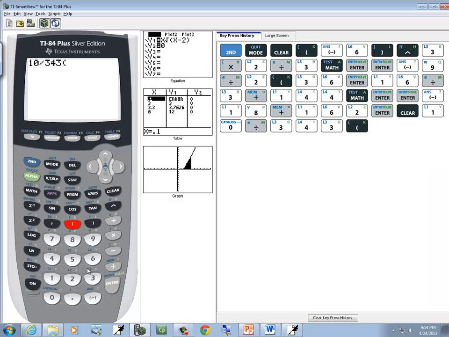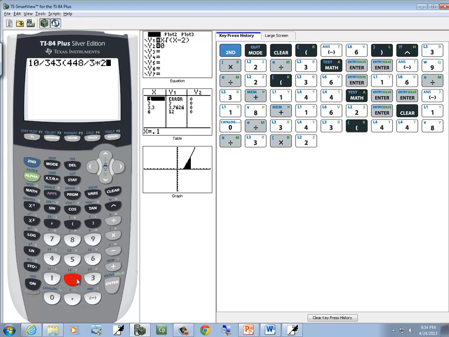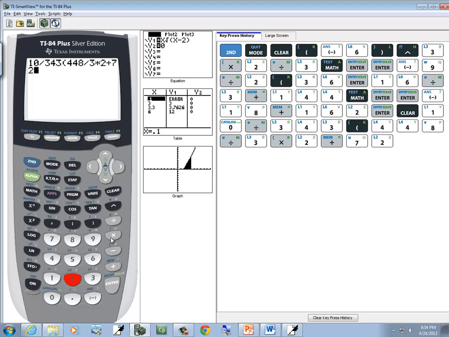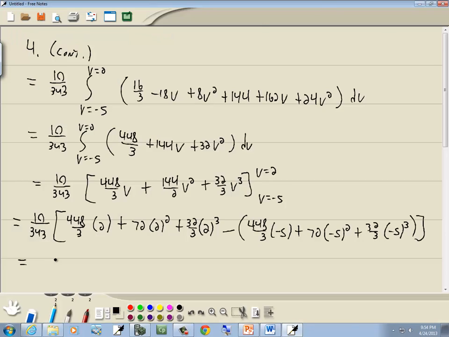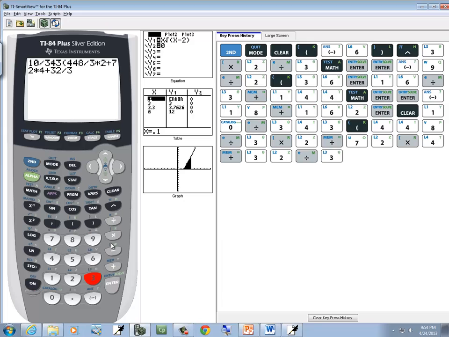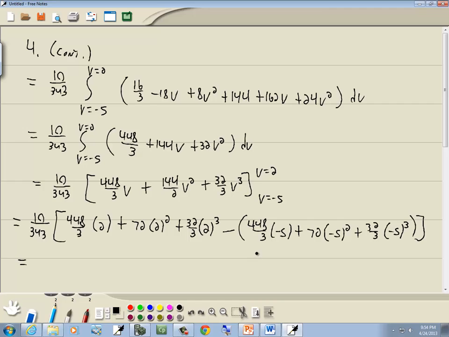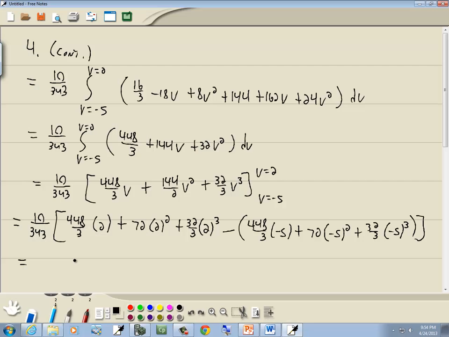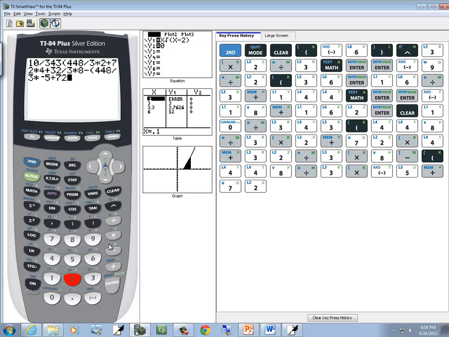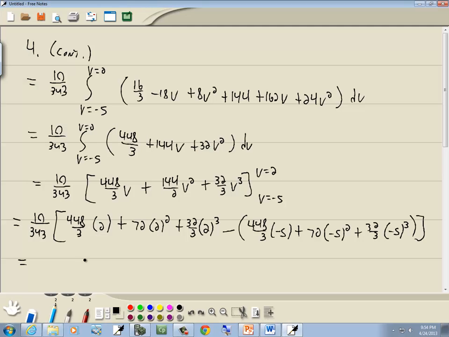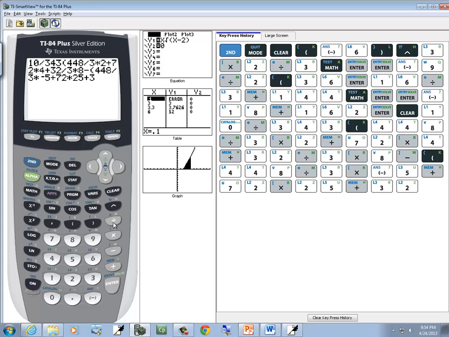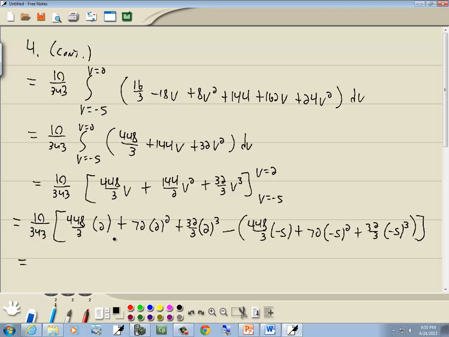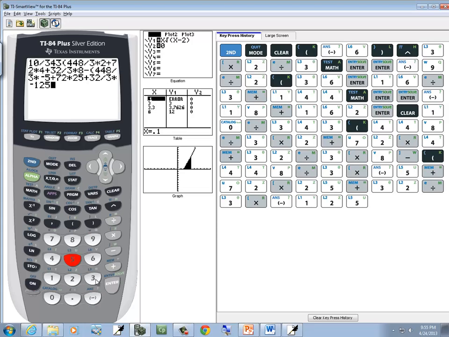Beginning parentheses, 448 divided by 3 times 2 plus 72 times 2 squared, which is 4, plus 32 divided by 3 times 2 to the third, which is 8, then minus, and we have to put parentheses around all this, so then we've got 448 divided by 3 times negative 5 plus 72 times negative 5 squared, which is 25, plus 32 divided by 3 times negative 125. Enter.